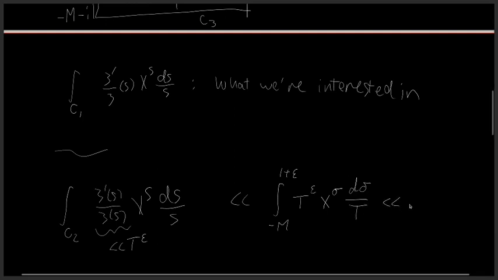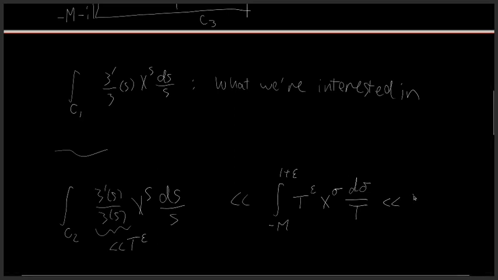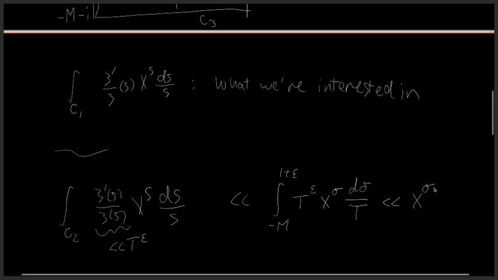This gives the bound. This quantity has an elementary antiderivative, and we can write it as x to the 1 plus epsilon times t to the minus 1 plus epsilon, and then we also have this m piece here.